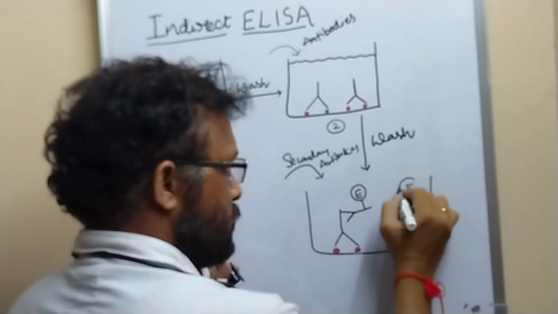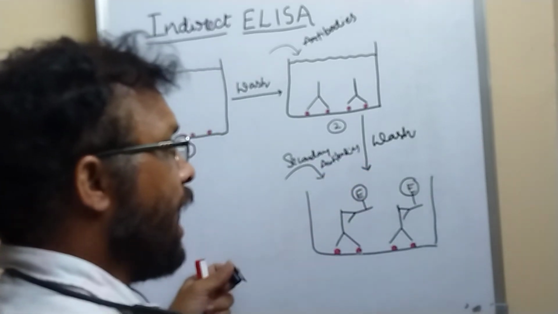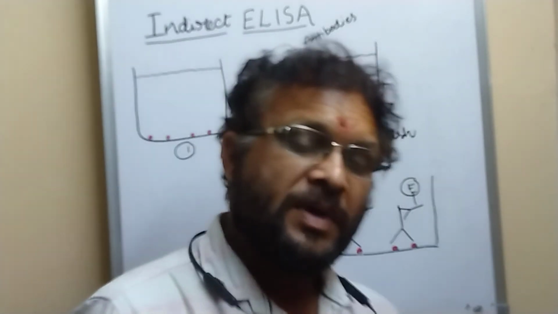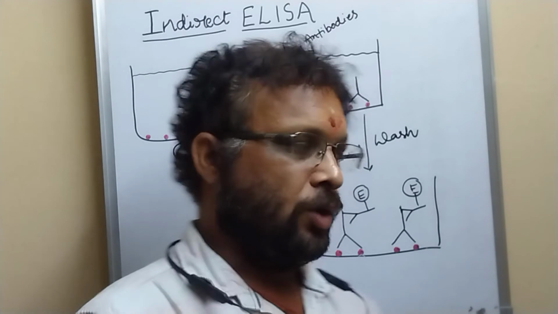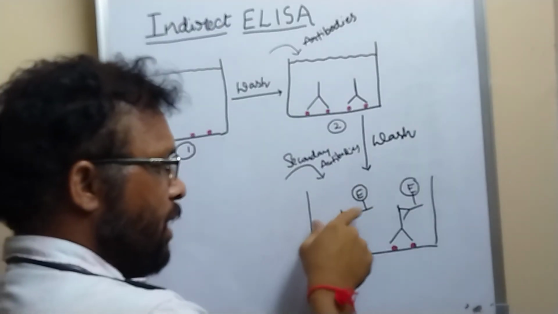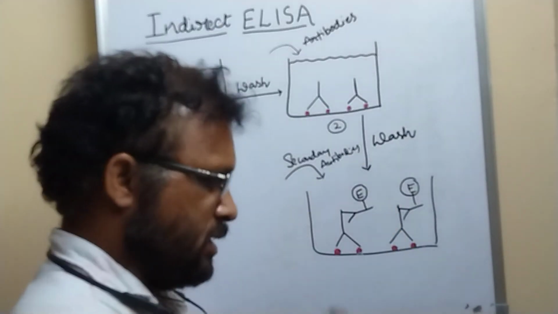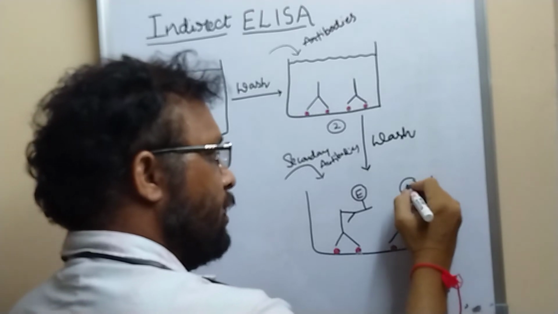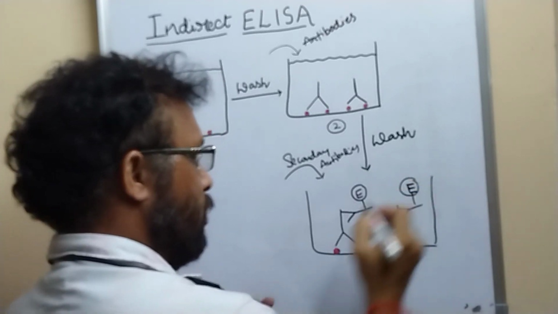The secondary antibodies are specific to the primary antibodies. So the secondary antibodies will bind to the primary antibodies.